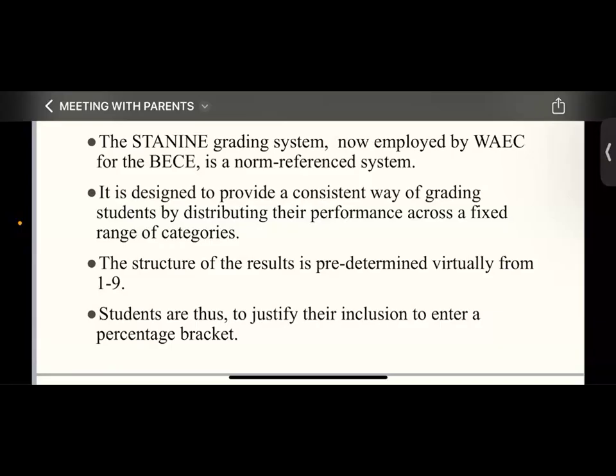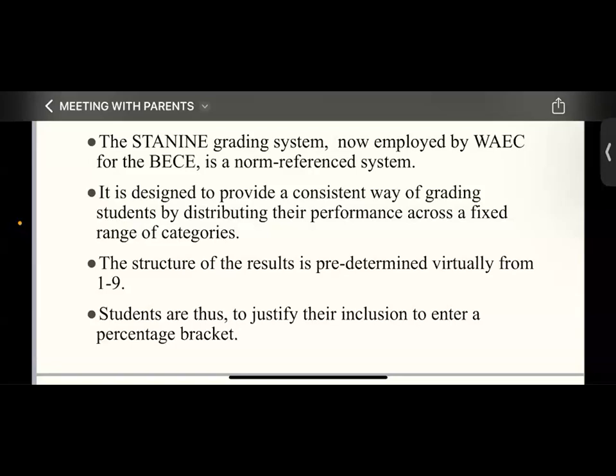Don't get confused. Formerly, if you get 90 to 100 or 80 to 100, you are given a 1. Now we can peg it and say that we are looking at students that will be able to get maybe 95 to 100. These are the people we are going to give a 1. The rest of you, go and write the exam and justify your inclusion within 95 to 100.